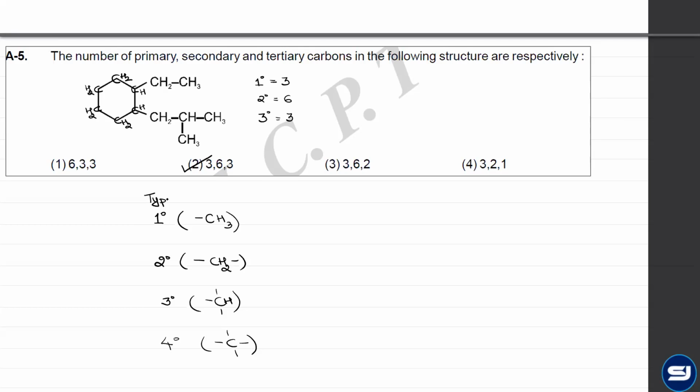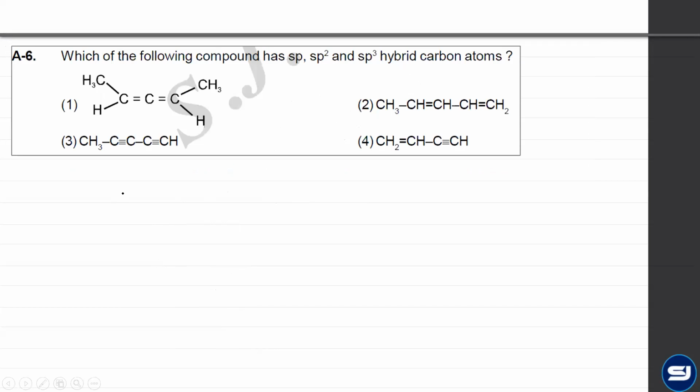So sir, this is the detail about type of carbon atom in saturated compound, specifically alkane. Next, which of the following compound has sp, sp2, and sp3 hybrid carbon atoms?